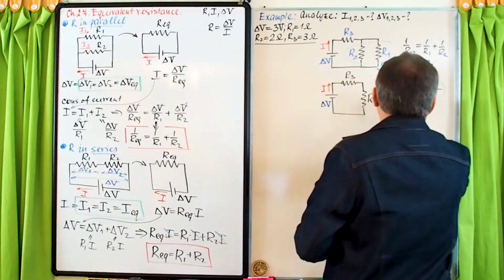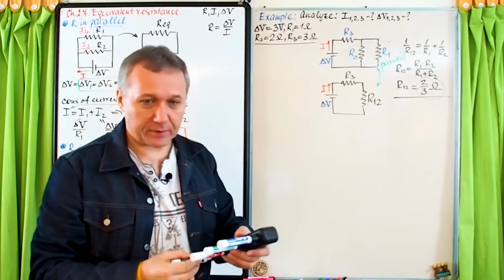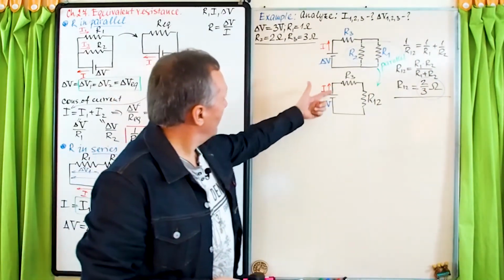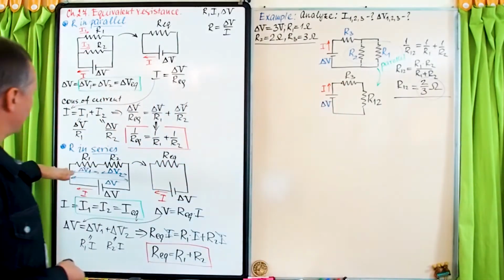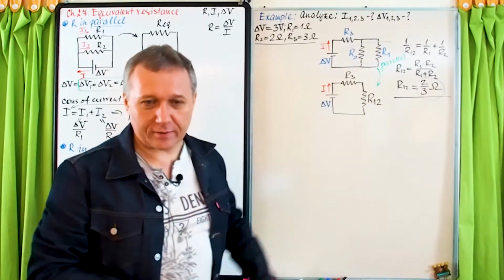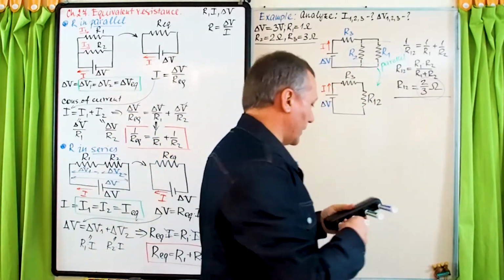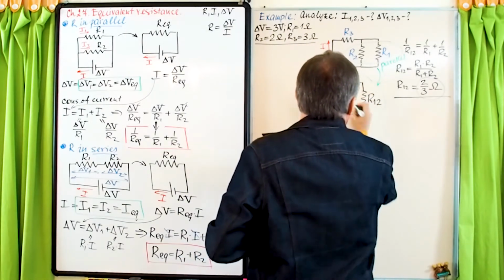Let me put some lines separating. Now we need to move deeper. These two resistors are obviously connected in series. This corner doesn't do anything. So R3 and R12 are in series.